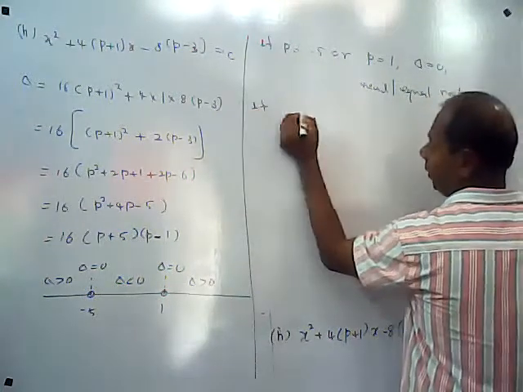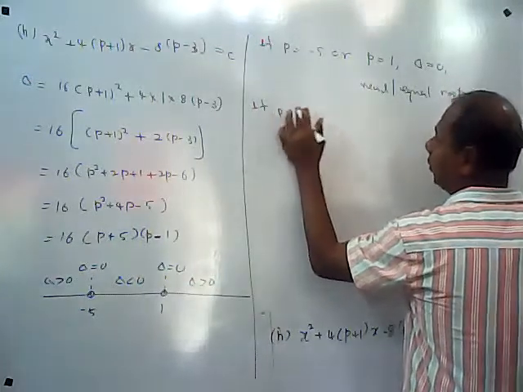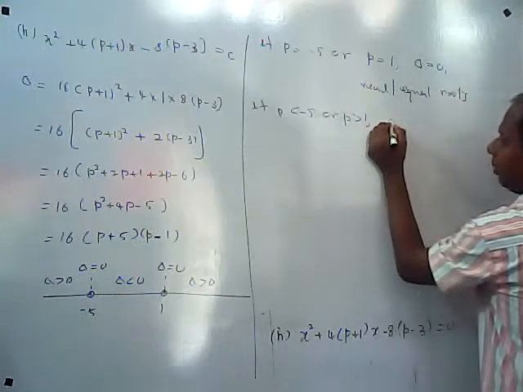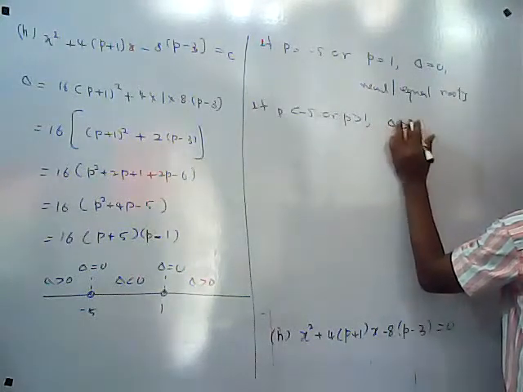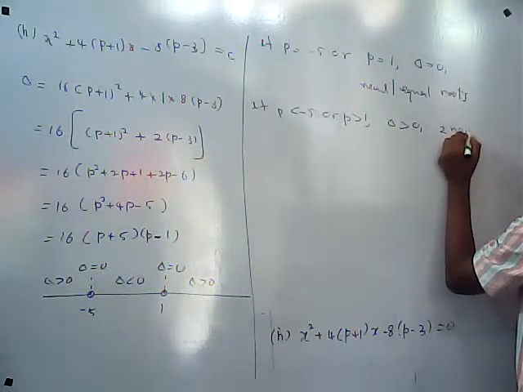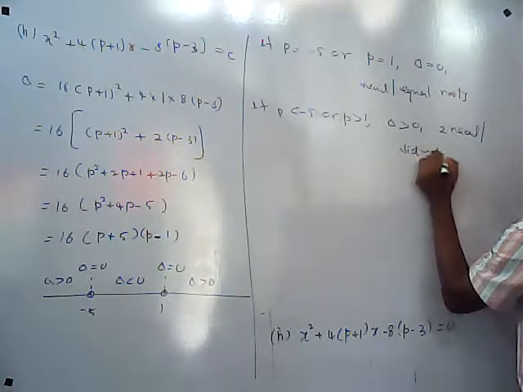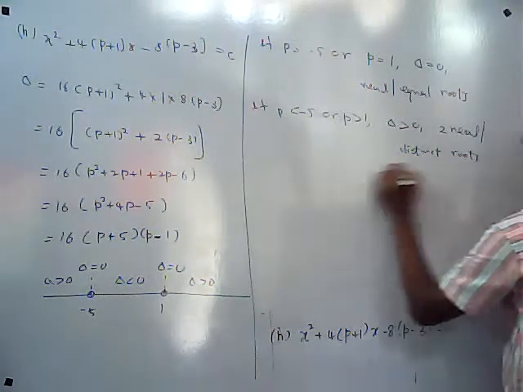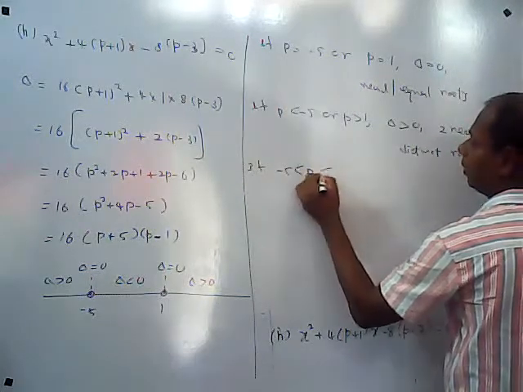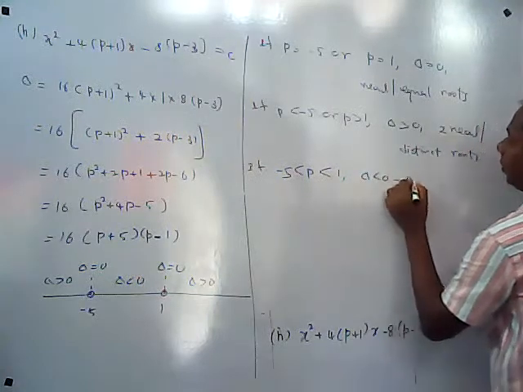If t is less than minus 5 or t is greater than 1, delta will be greater than 0: two real distinct roots. If t is between minus 5 and plus 1, delta will be less than 0: no real roots.